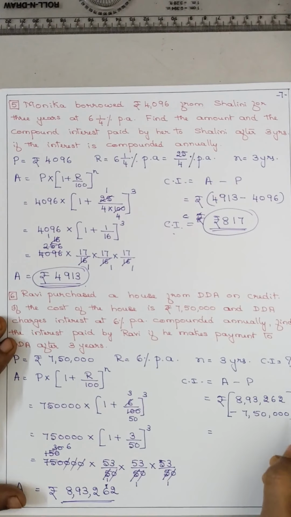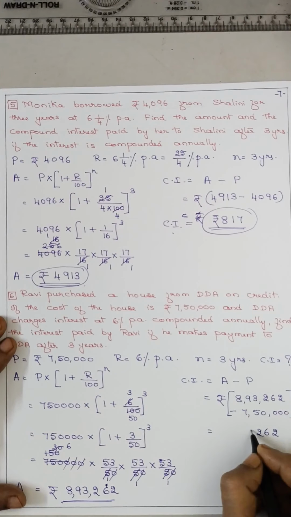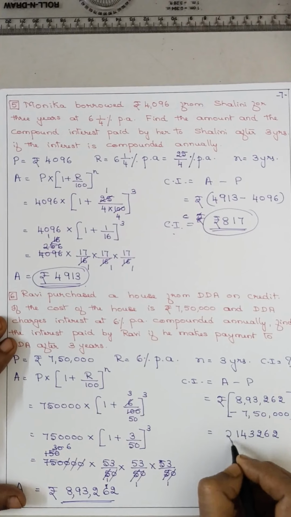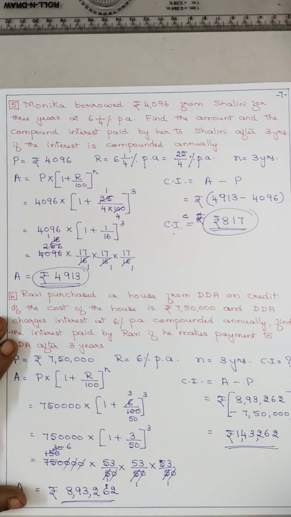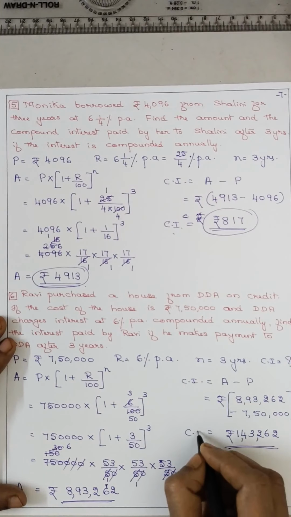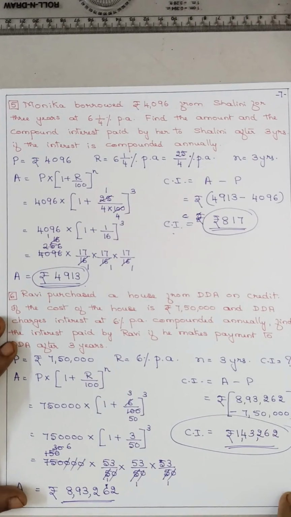So it will be 2 minus 0, 6 minus 0, 2 minus 0, 3 minus 0. 9 minus 5 is 4, 8 minus 7 is 1, so it will be 1,43,262. So this is the answer.